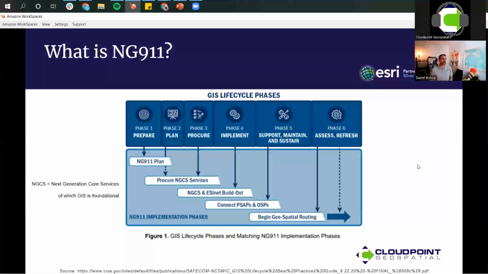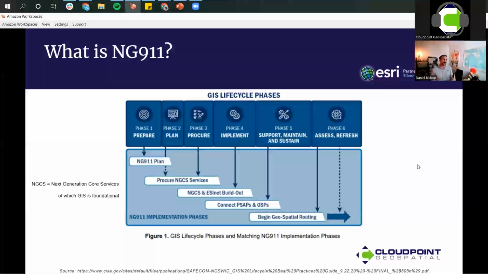You can see on the screen a graphic from CISA, the federal government agency, depicting how this GIS lifecycle moving from E911 into NG911 is going to progress. Each state is on its own trajectory. Some are further ahead than others.